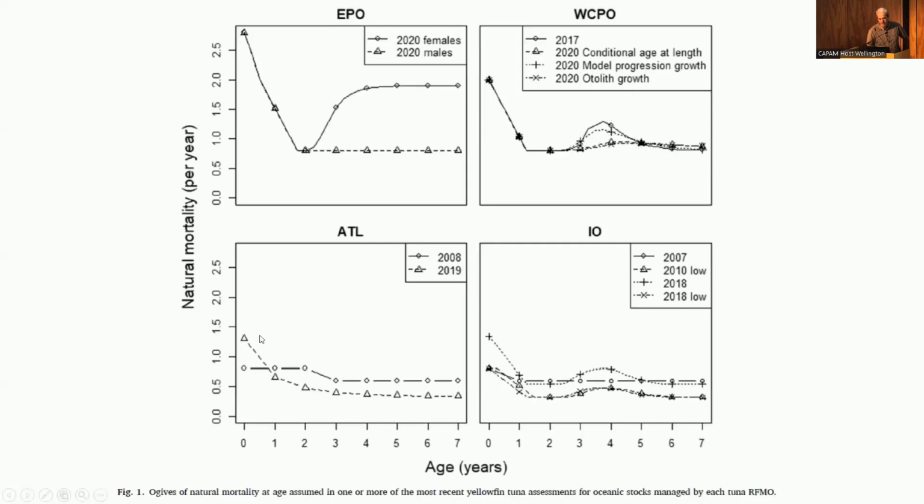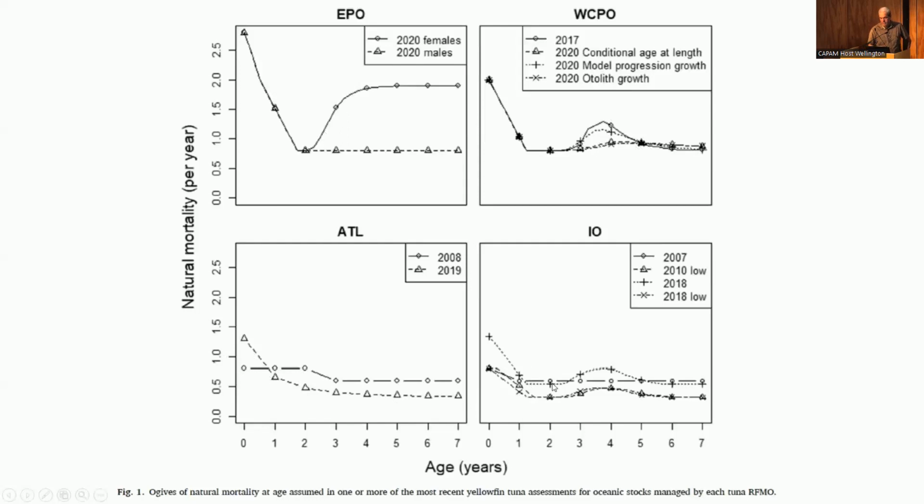In the Atlantic, they've gone with more of a Lorenzen curve approach, and these are the two most recent estimates: 2008 without the decline for juveniles, and 2019 going with this more direct decline following the Lorenzen approach.